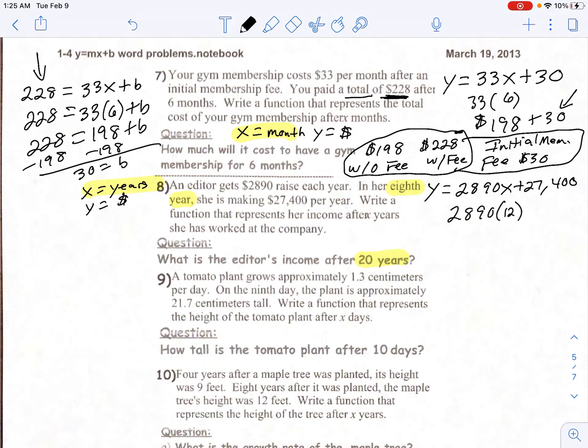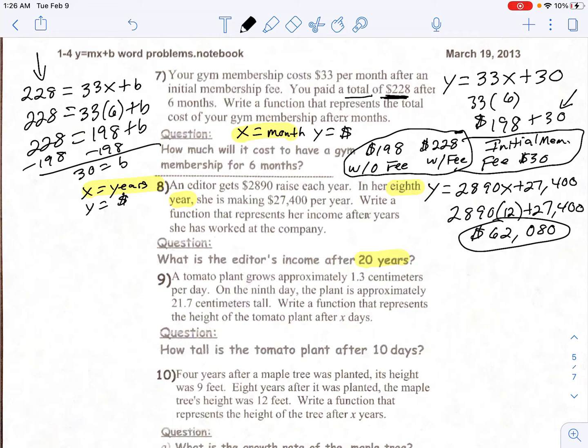So 12 is actually the number that you're going to plug in here, because that's how many years it's going to be to 20. And then plus 27,400 where she's currently at. So once you plug that in and do the math, she'll be making $62,080 at her 20 years.